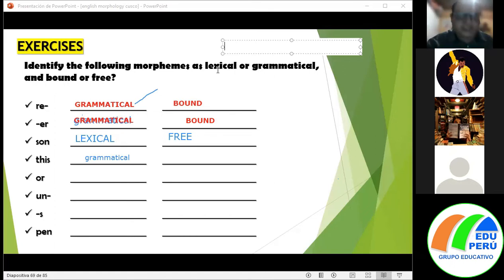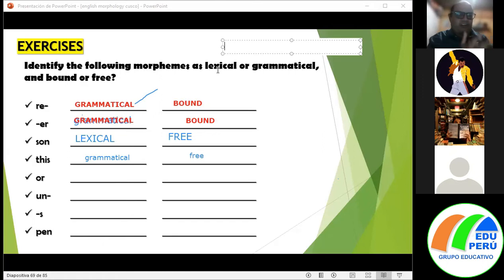It's not a verb. It's not an adjective. It's not an adverb. So this is a grammatical word. It's a function word. So that's it, Fiorella. Very good. Grammatical free. Yes, it is free because it can appear alone, but it's not lexical.